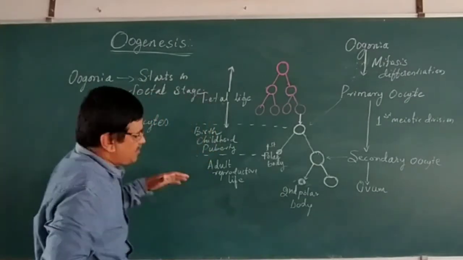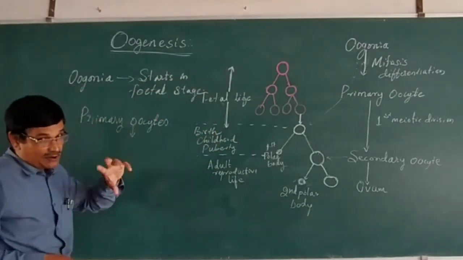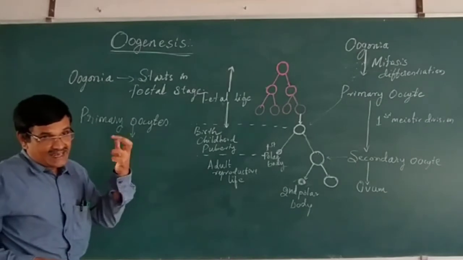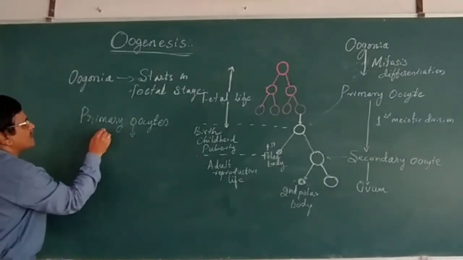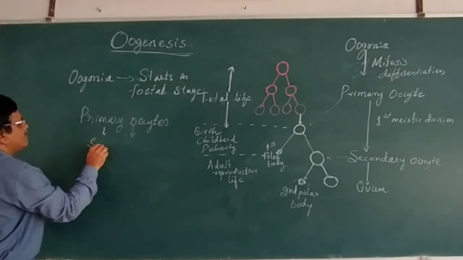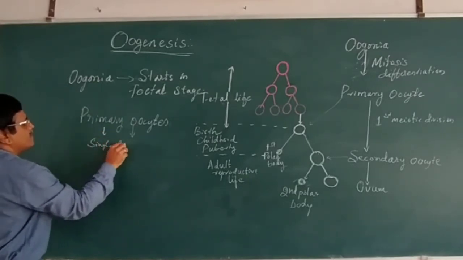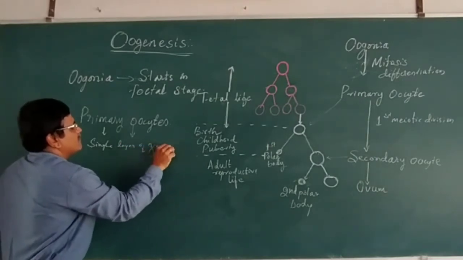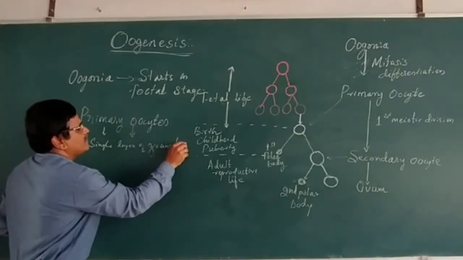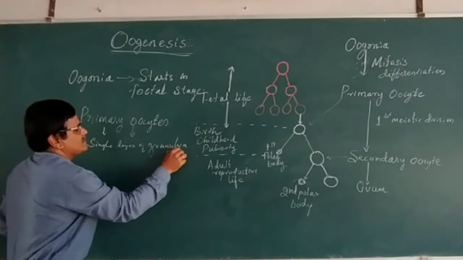these primary oocytes are surrounded by a single layer of granulosa cells.